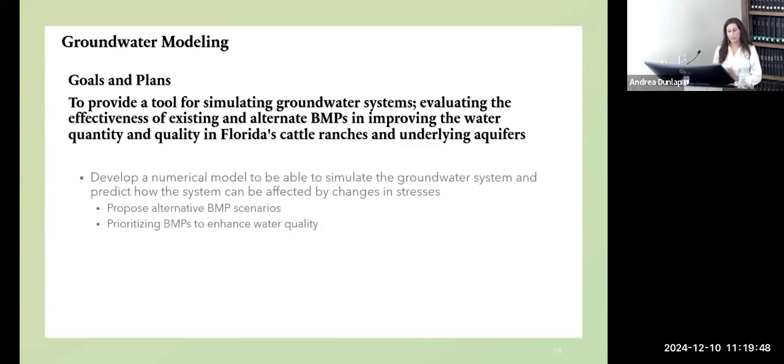Some specific objectives were to develop the model specifically for one study area, and to propose alternative solutions or scenarios based on the situation of the farm or ranch that we are studying, and then prioritizing the management practices to enhance water quality.